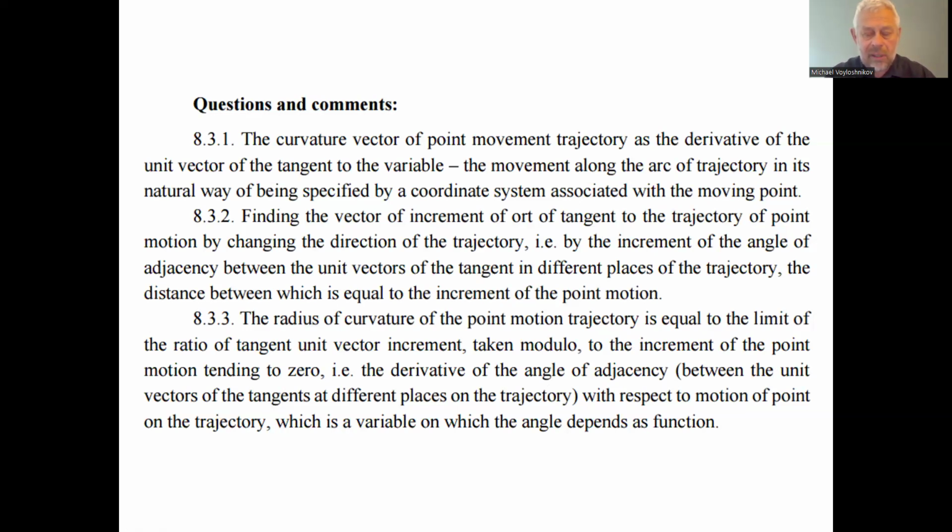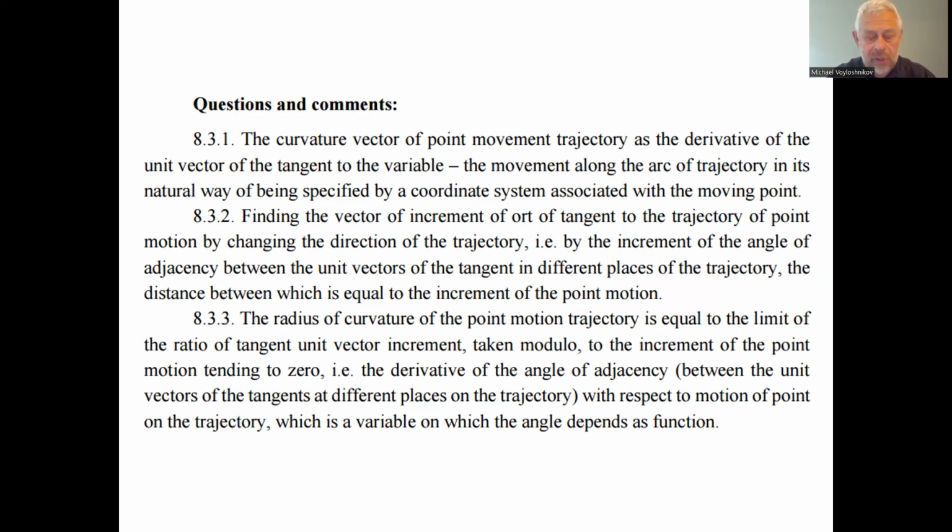The adjacency angle tends to 0 while the motion trajectory is smooth. So the adjacency angle tends to 0, and the change of the vector depends on the adjacency angle and on the curvature characteristic of the trajectory.